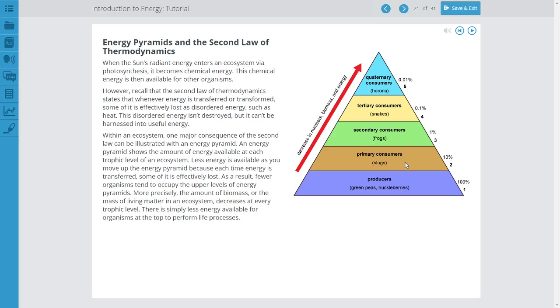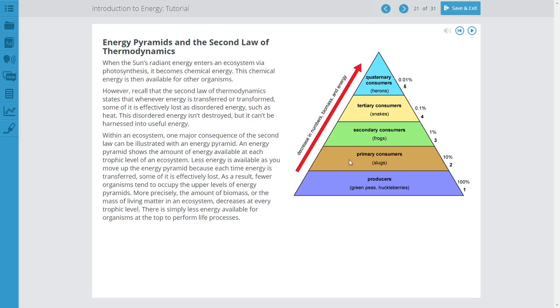But on average, it's about 10%. 10% of the energy from the producer level actually makes it into the consumer level to be used for metabolism. That's growth, development, maintenance of their bodies, movement, all of their metabolism. Okay, the rest of it, 90% of the energy that was stored by the producer level, is lost as heat. Now along comes a frog and eats a slug.